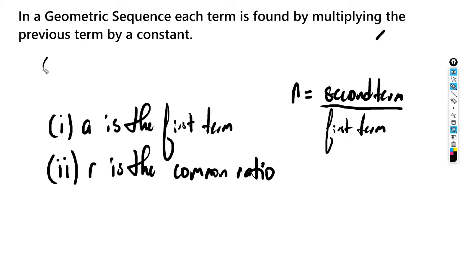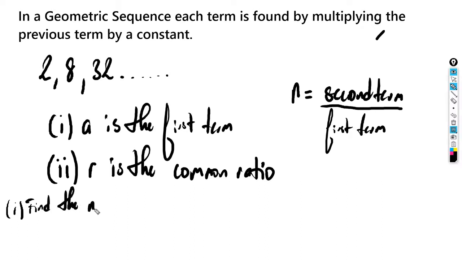All right, guys, so let's look at another example here. Let's say we have 2, 8, 32, and this is all they give us. And they ask us, find the next term in the series, and then find the sixth term in the series.